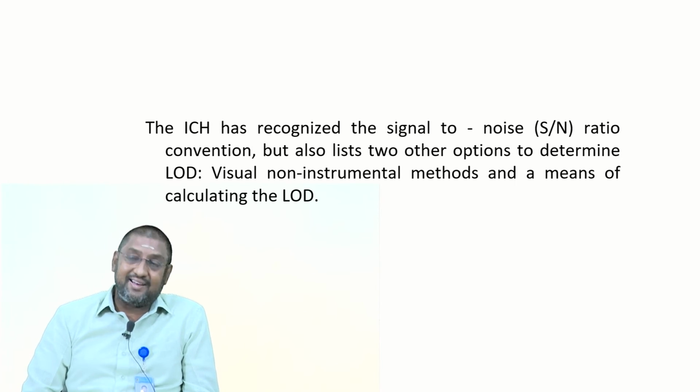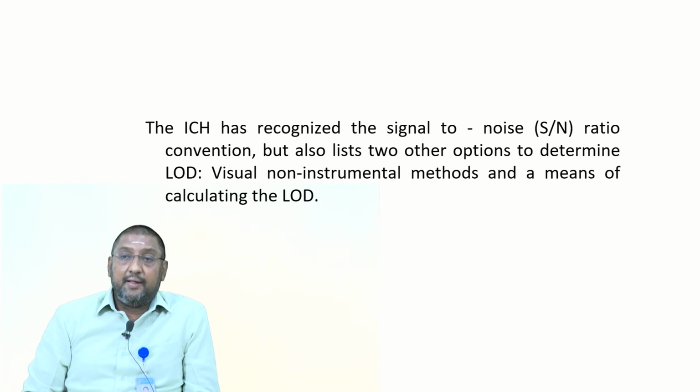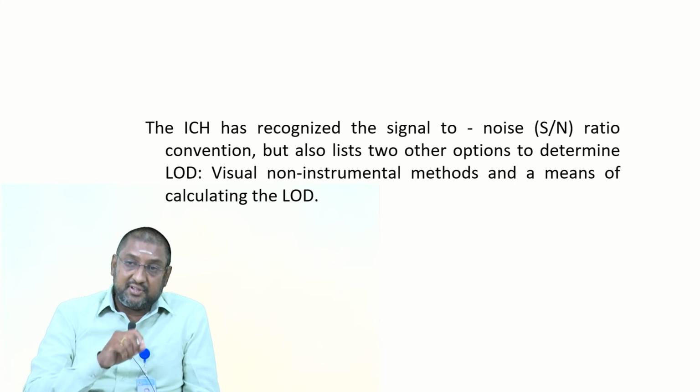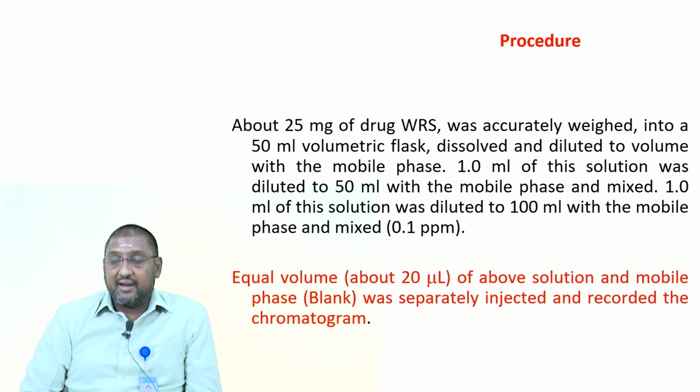So, you can also calculate manually: lower the concentration, take the chromatogram, put the baseline manually, and calculate the area from the baseline. The procedure is that 25 milligram of working reference standard is taken and 50 ml of mobile phase is added.